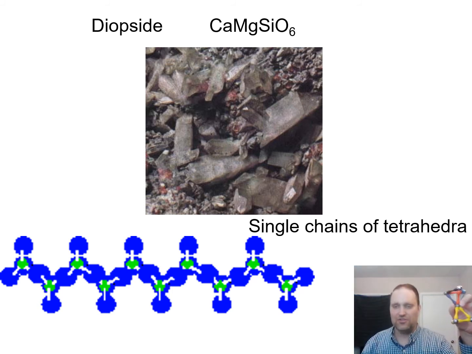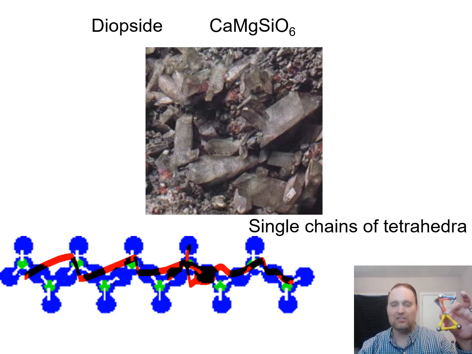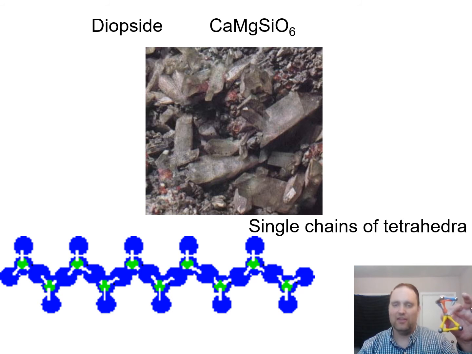Remember that within each tetrahedron, between each of the oxygens, you have covalent bonds. But now that you're sharing oxygens, you have a whole bunch of covalent bonds throughout the entire chain, and it's much more stable than having just isolated tetrahedra.